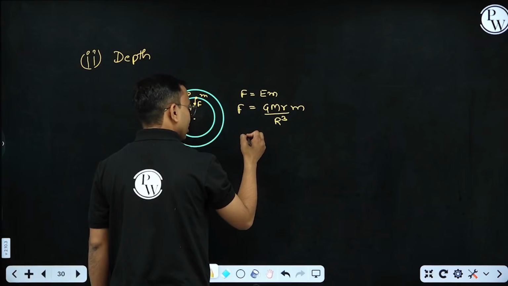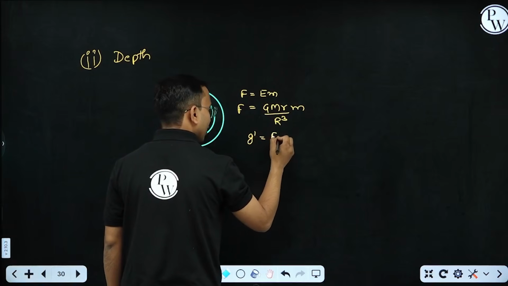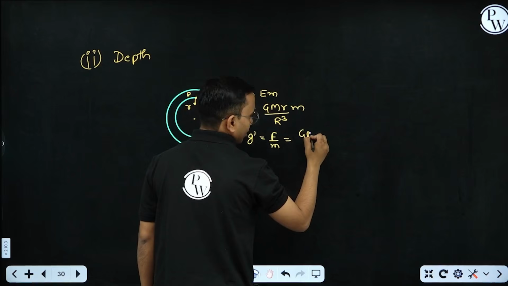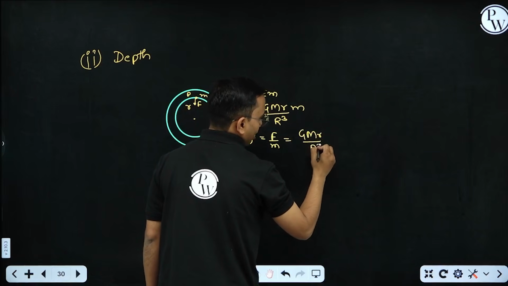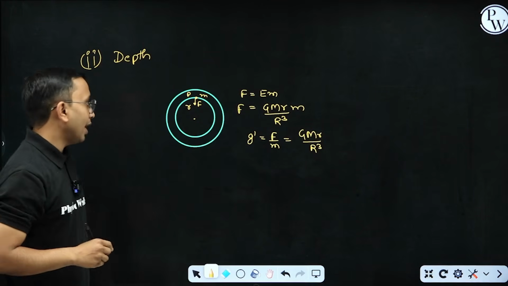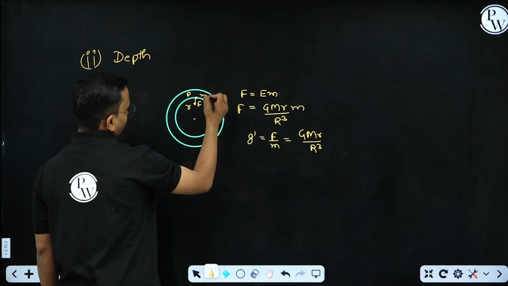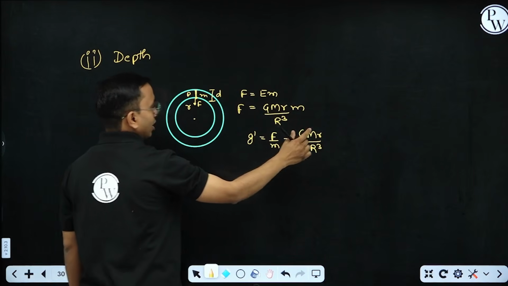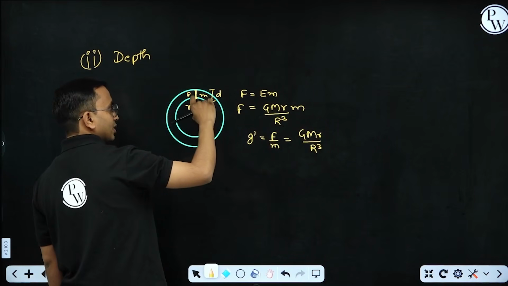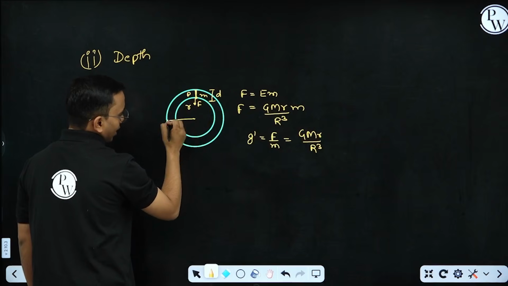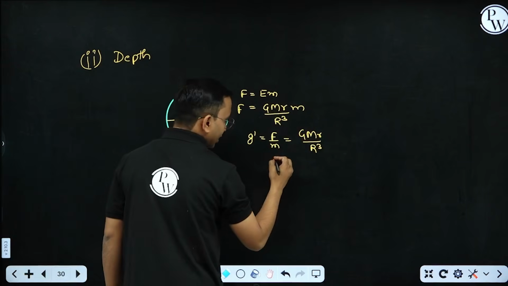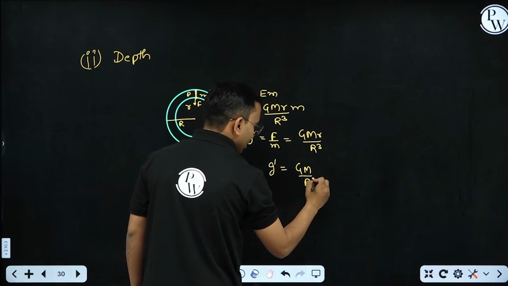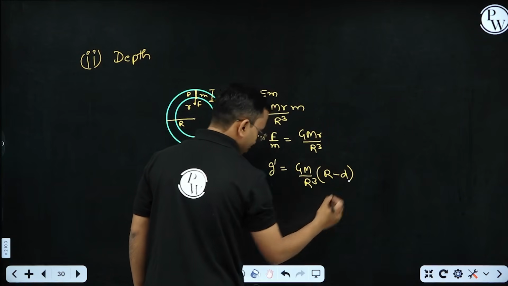So acceleration g' is F by m, that will become G M r divided by R cubed. And r you can put in terms of depth. This depth from here, I am considering as my depth d. So put r as the distance from the center, that will be my total radius R minus d. So g' is coming out to be G M by R cubed into (R minus d).